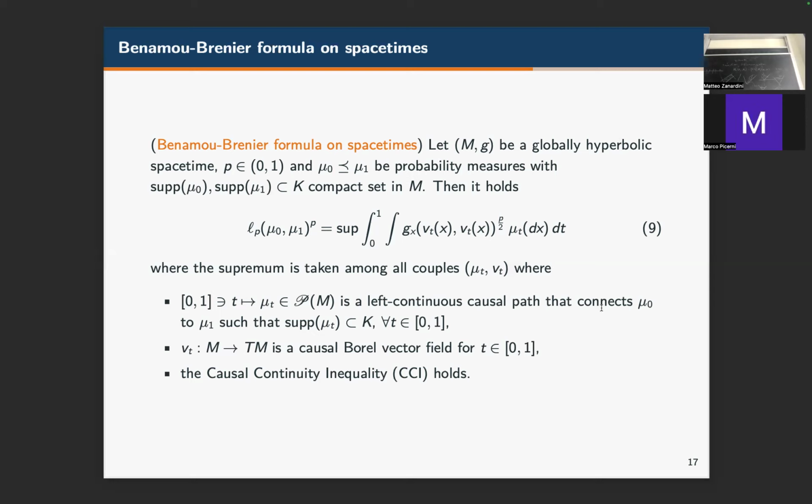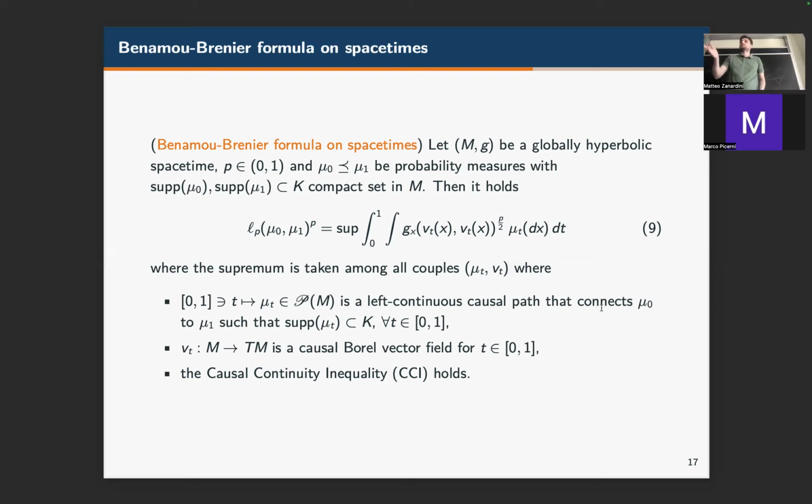I never checked actually. If P is 0, everything trivializes. If P is 1, I don't know if there is something that breaks down in the proof. I really need to check. Maybe it's true.